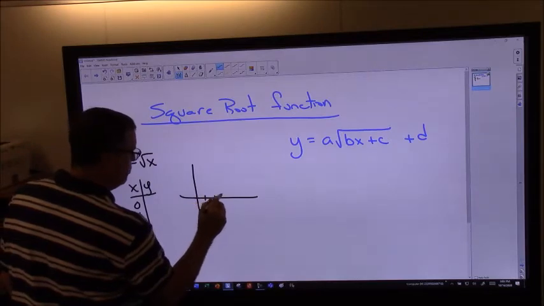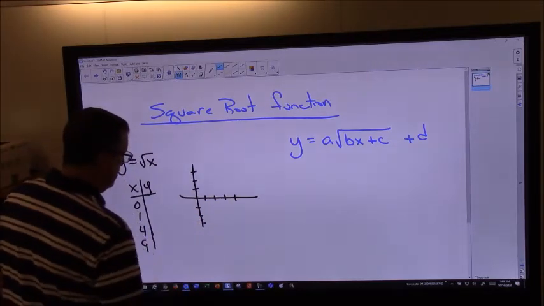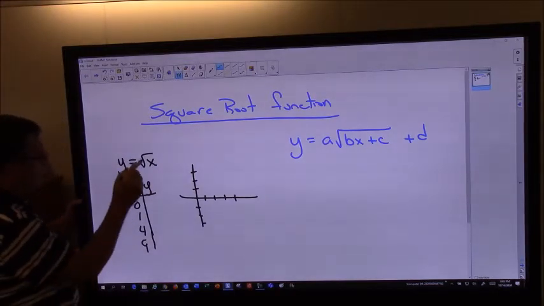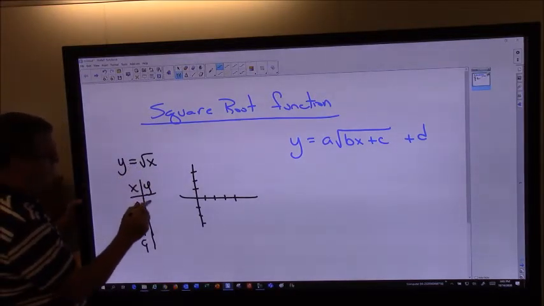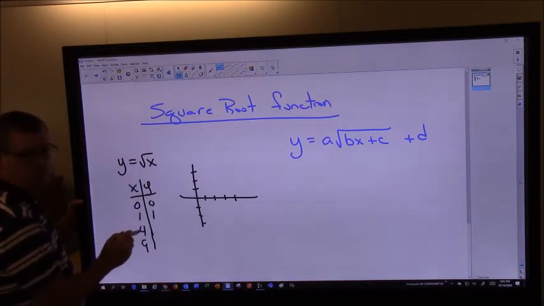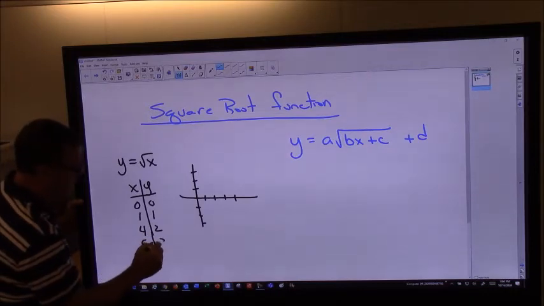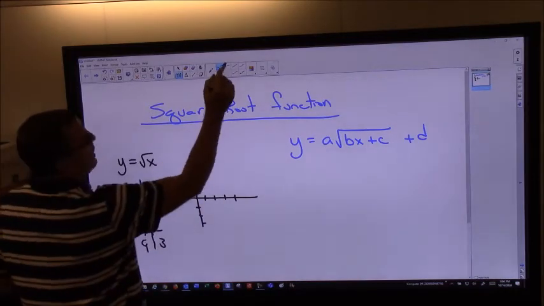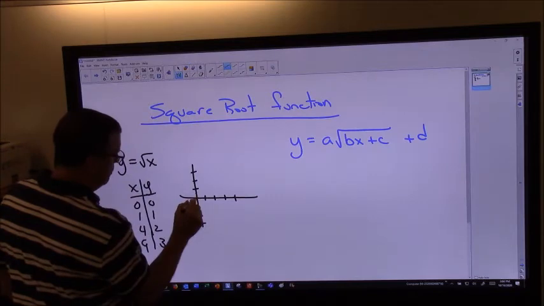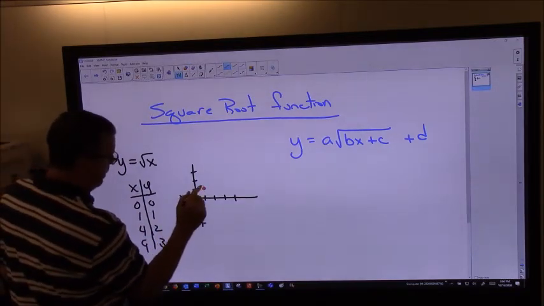All right, so if I plug a 0 into this, the square root of 0 is 0. If I plug in a 1, the square root of 1 is 1. Square root of 4 is 2. And square root of 9 is 3. And so now if I plot some points here, here's the point (0, 0). (1, 1) would be right here.